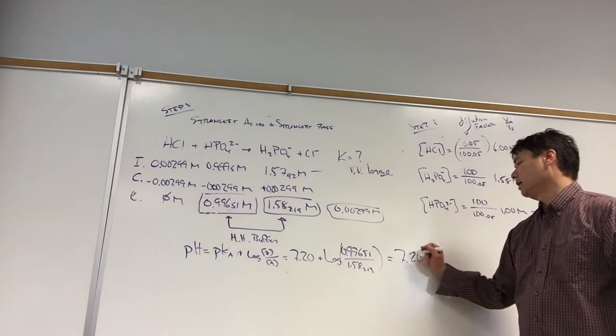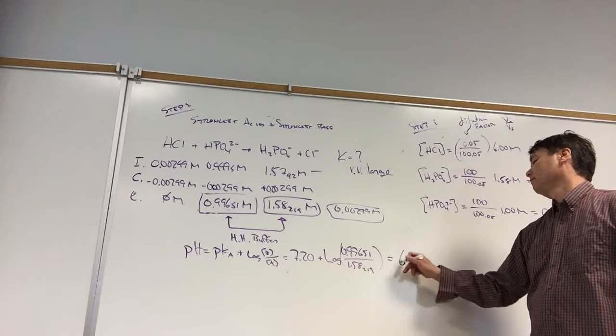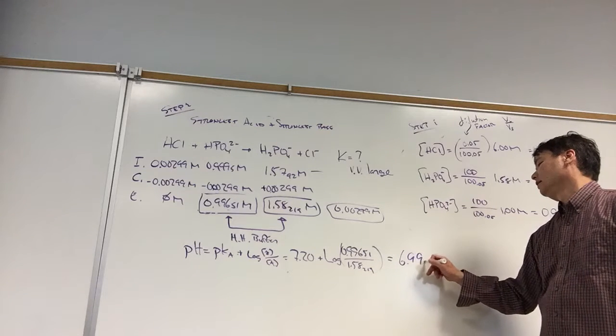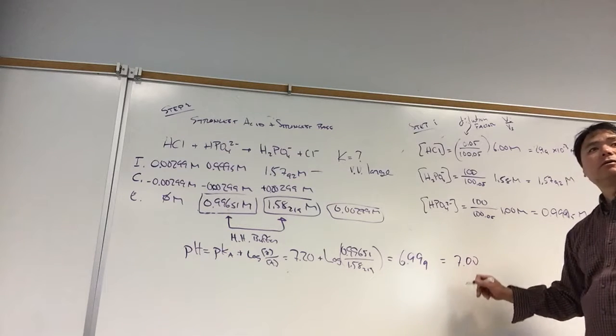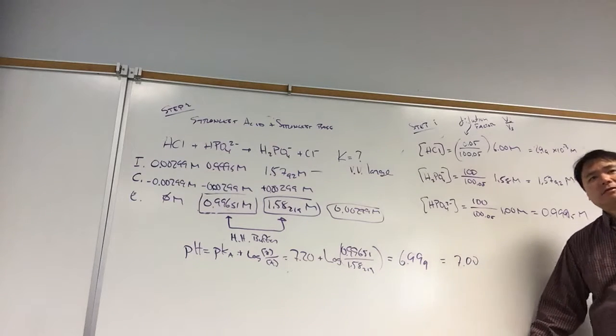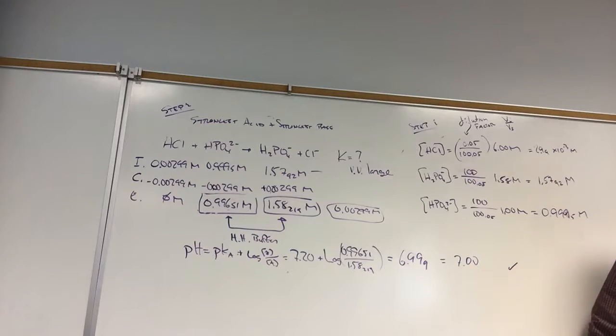Okay, so you calculated 6.999, which is 7.00 roughly. And so basically if we add a drop of HCl to unbuffered solutions, the pH changes dramatically.